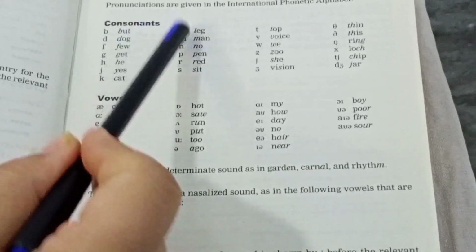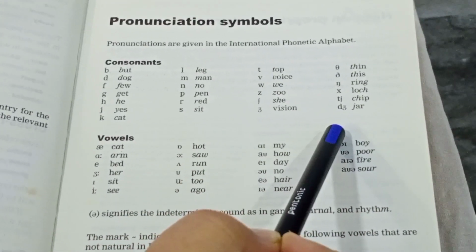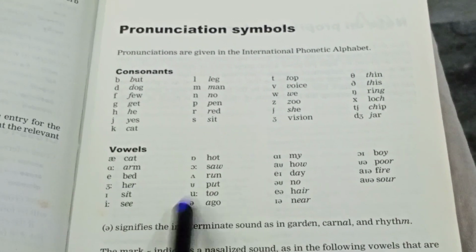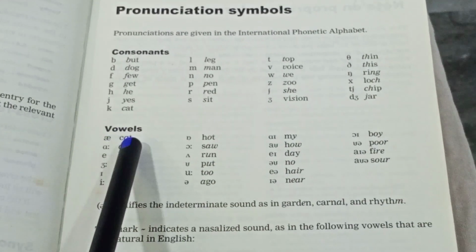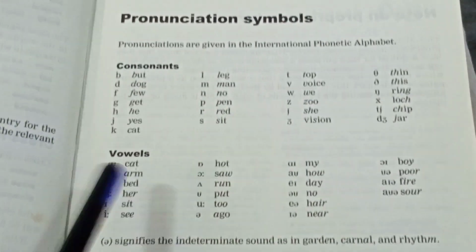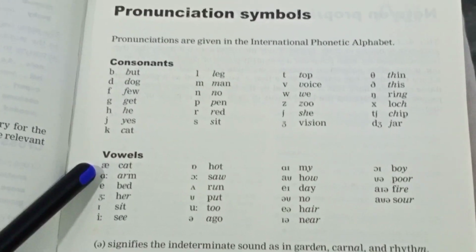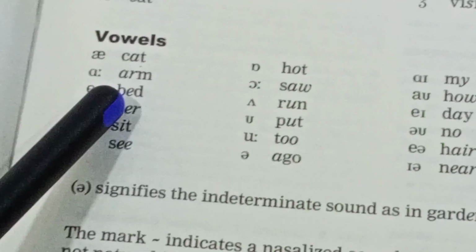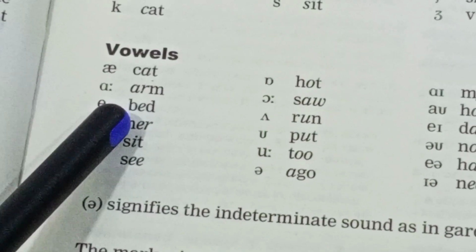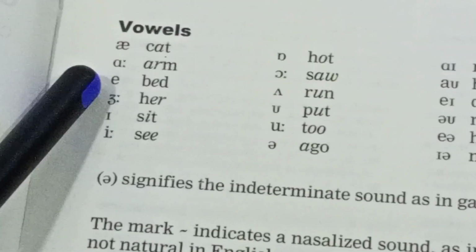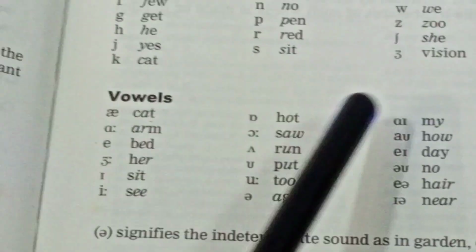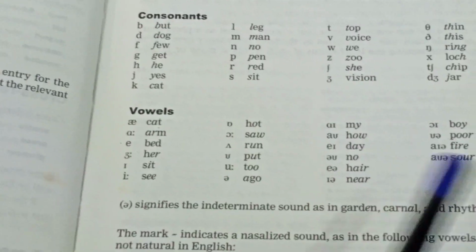For the consonants also, the symbols are given, and for the vowels also, A, E, I, O, U. Just like cat, for a, this symbol is given. Arm, for a, this symbol with a colon. Bed, for e, this symbol is given. If you look very closely, you will get all these symbols here. Fine children?